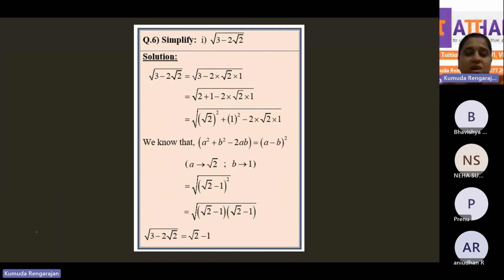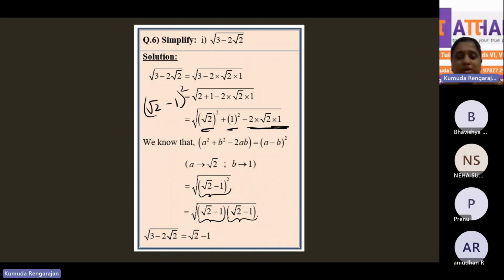Okay. So now we have the a square term, the b square term, and the minus 2ab term. So this is nothing but a minus b the whole square, that is root 2 minus 1 the whole square. So that was what we wanted. Under the square root, we wanted to create a perfect square, and now here we have it. That's nothing but root 2 minus 1 into root 2 minus 1.